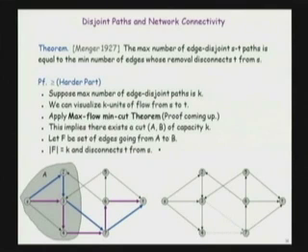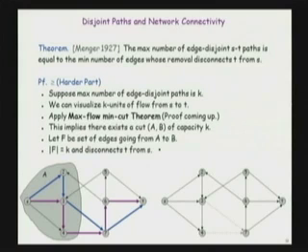The harder part is the converse, which says that the maximum number of disjoint paths is at least as large as the minimum number of edges whose removal disconnects the graph.